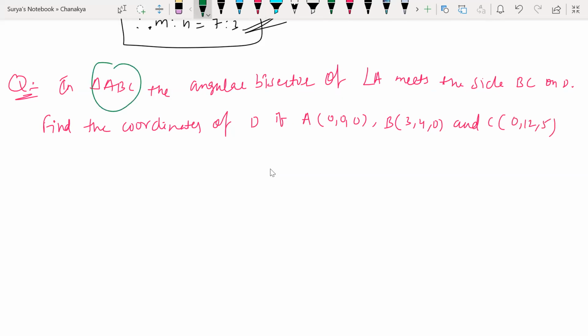Okay, in triangle ABC, the angular bisector of angle A meets the side BC at D.